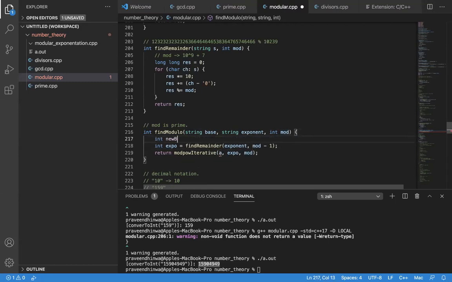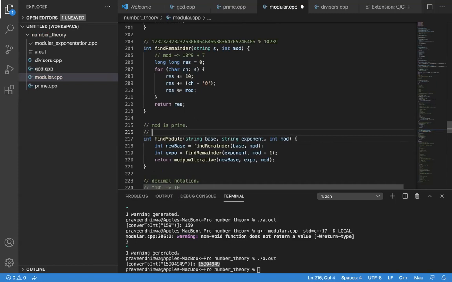So int new base would become find remainder of base comma, what should be the value here? Mod. Yeah, this should be mod, not mod -1. Do you get why? Yes, we only want the remainder part. Suppose exponent was 1, so that number was base itself. If someone asks you base percent mod, you should do base percent mod. Fine. So you can do this.